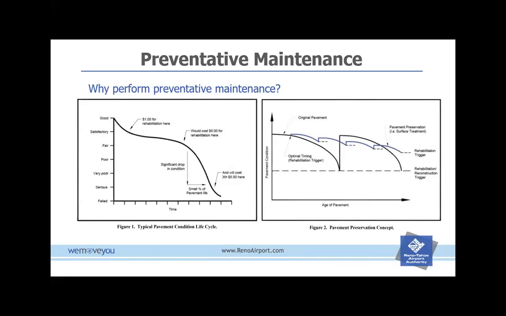So we are trying to put more of a focus on preventative maintenance for asphalt here at RNO the last couple of years. In doing so, we're really trying to extend the life of our pavements, which is beneficial to us because we can't afford to reconstruct all the pavement we have here. So getting the most bang for our buck while we can is kind of our priority moving forward.